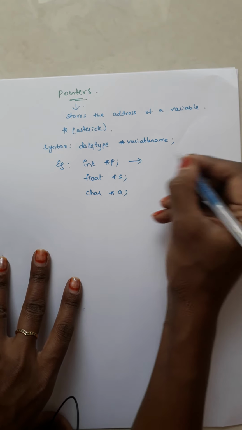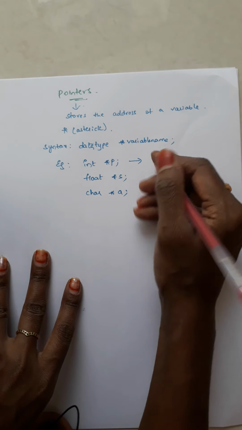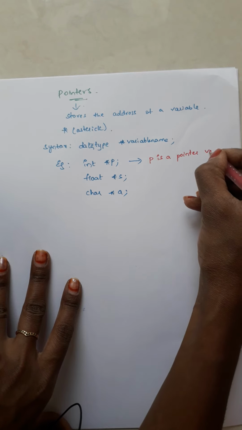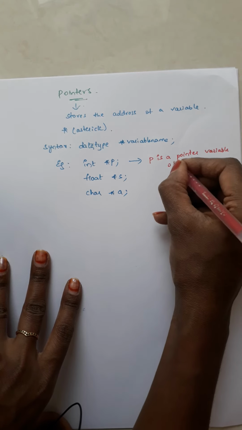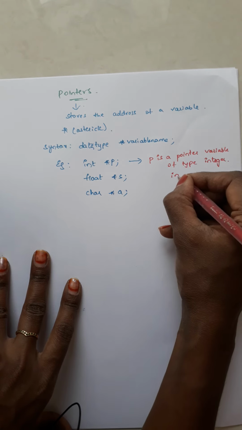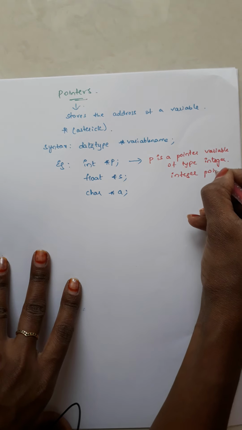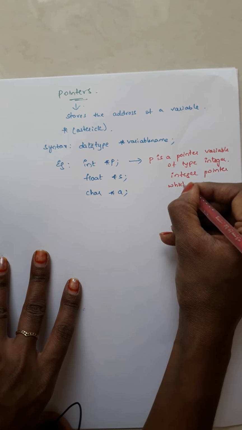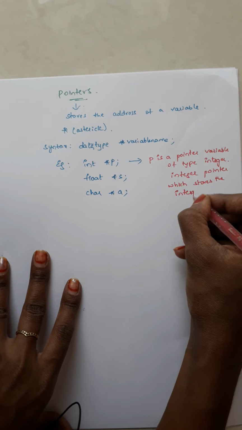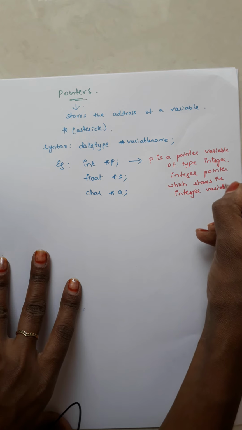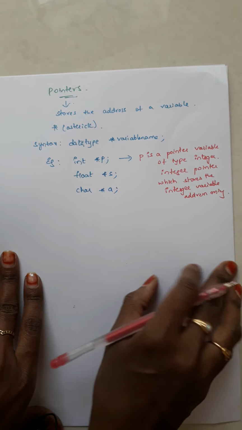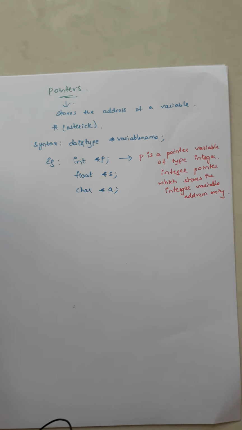So p is a pointer variable of type integer, and we call it an integer pointer, which stores the integer variable address only. Of whichever type it is declared, it stores the address of that type only.